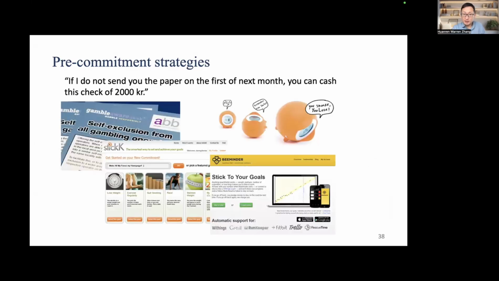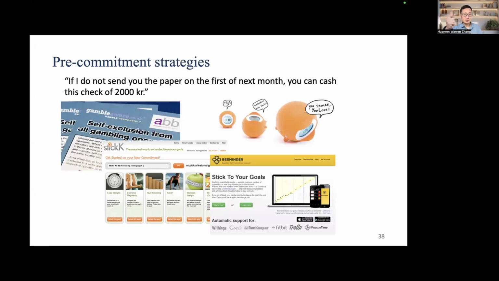Now, talking about self-control problems and pre-commitment strategies, there are quite a few products commercialized based on this idea, so you can check the corresponding commercialized products. And here is a quote I put there demonstrating how people are aware of the self-control problem. This is a quote from a professor when he was doing his PhD thesis. A PhD thesis takes a long time to finish, and you have all kinds of reasons to procrastinate. This professor, when he was a student, told one of his fellow students, I promise to send you the paper on the 1st of next month, and now I'm writing you a check of 2,000 Danish kroner.